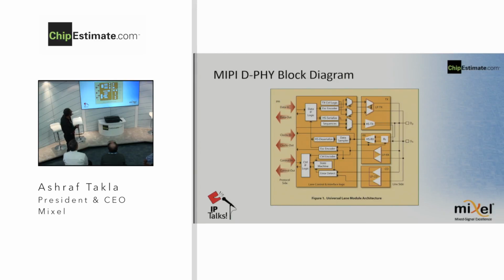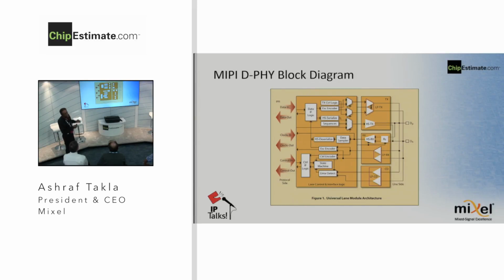Here you see the high speed transmit, low power transmit, high speed receive, and low power receive. There is a contention detector because this can be turned around. Of course, you have the serializer, the deserializer, logic, state machines, and things of that nature. So this is a universal lane, meaning it has both the transmit and the receive, so you can use it for any of the D-PHY applications.